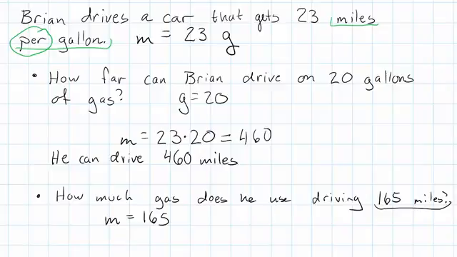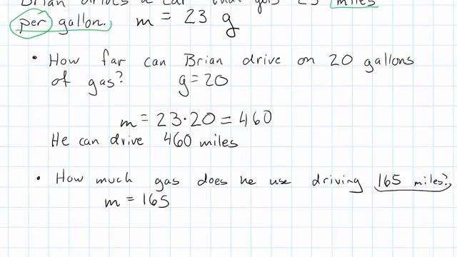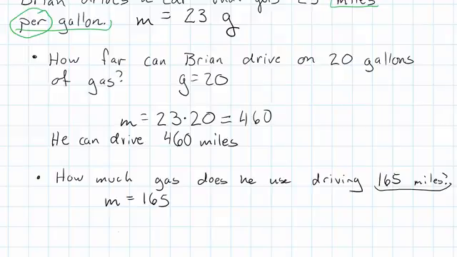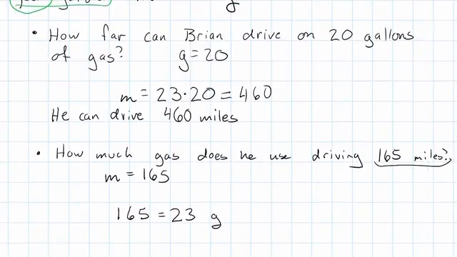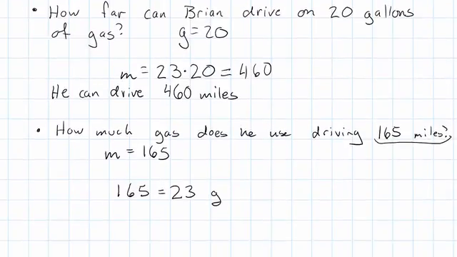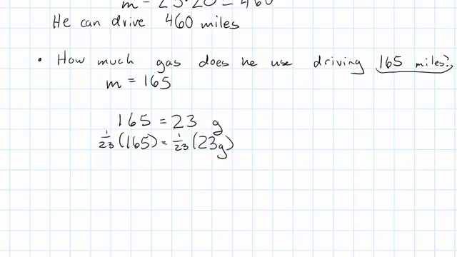Plugging that into our equation, we get 165 equals 23 times g. But not to worry, we still know how to solve that. We'll multiply both sides by 1/23. So let's see. 1/23 times 23 is just 1. Here we're going to get our g.